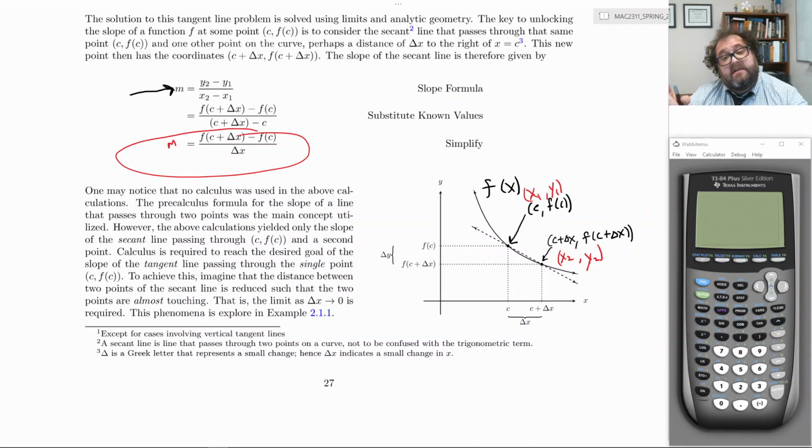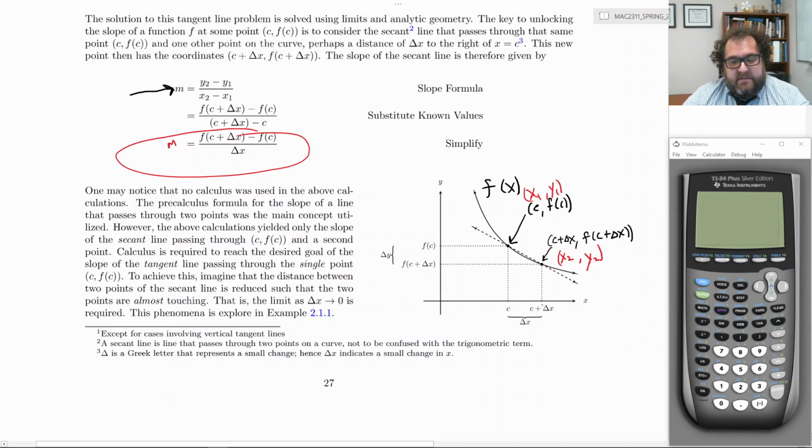Okay? Now, we're going to use that in just a moment to find the slope of a tangent line. Here's the idea. What if I took the limit as delta x approaches 0? What does that do graphically? What that does graphically is it pulls this point c plus delta x comma f of c plus delta x closer and closer to c.